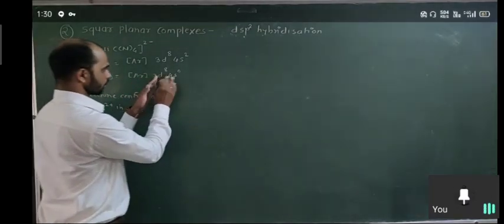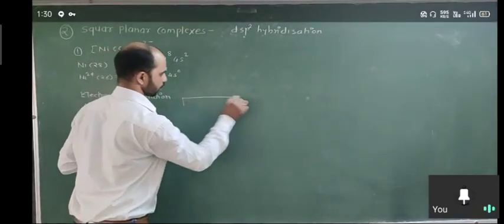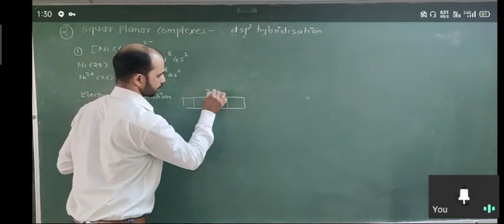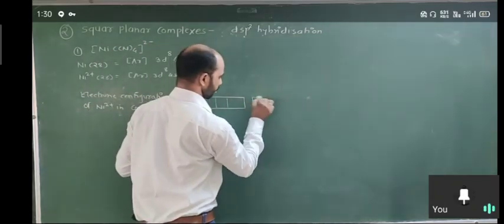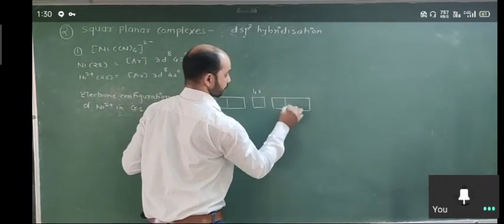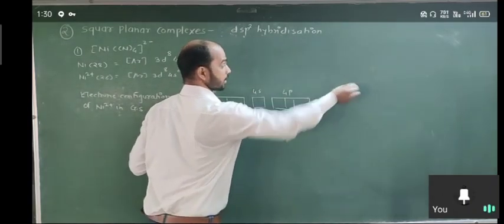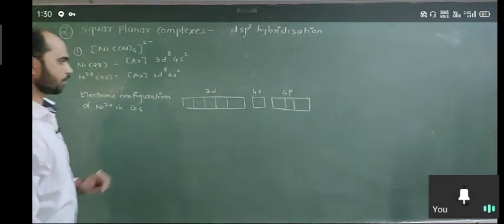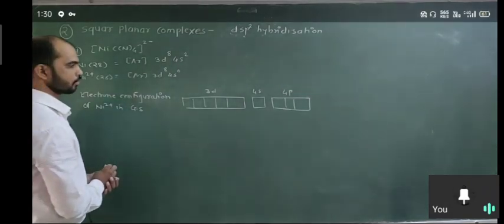So draw the diagram first here. We draw first the d orbitals. So here is 3d, after it 4s, then 4p. Sometimes we need the next d also, and the next d is 4d. In some cases we require it, we will discuss in later topics.